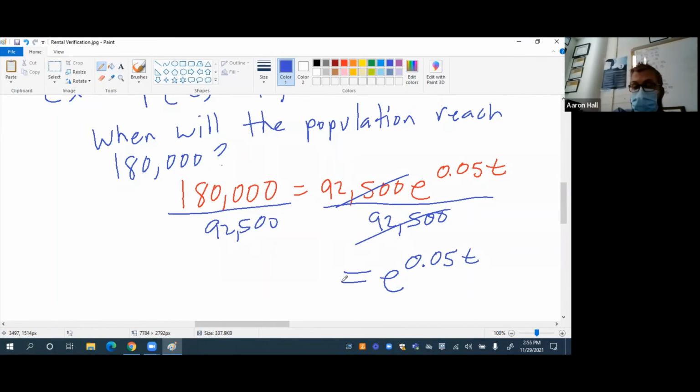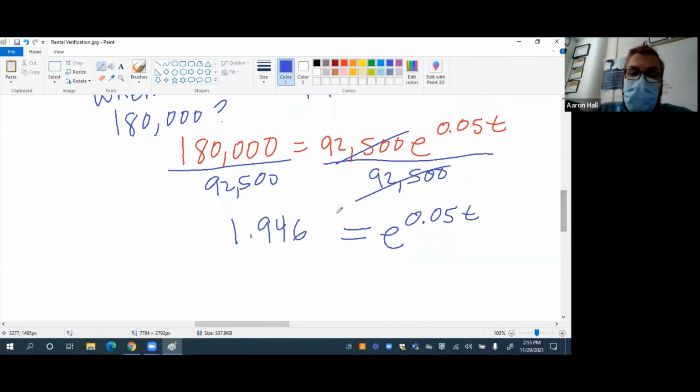Louder, please. Okay. I'm a little bit nervous about rounding errors, because rounding errors happen when we round before our final answer. So if I have 180,000 divided by 92,500, I'm getting a pretty big number.